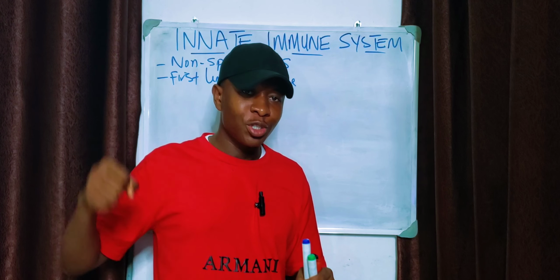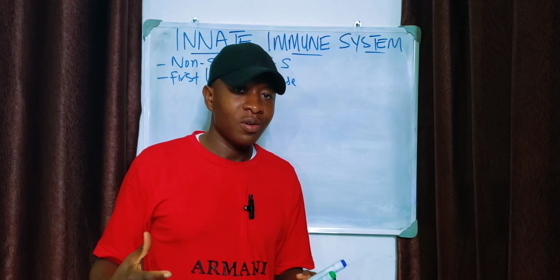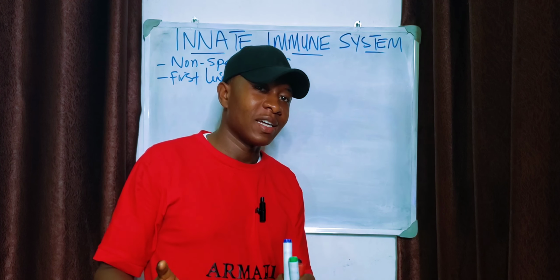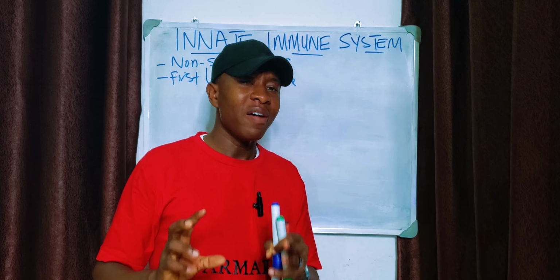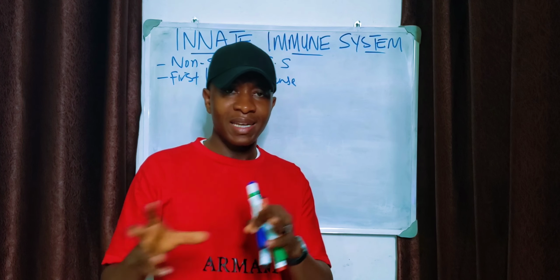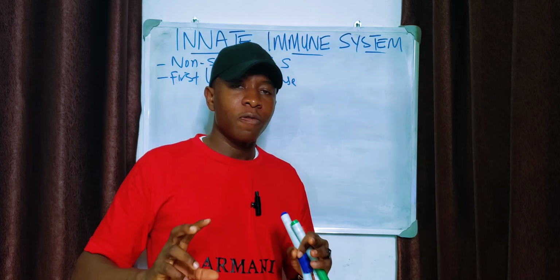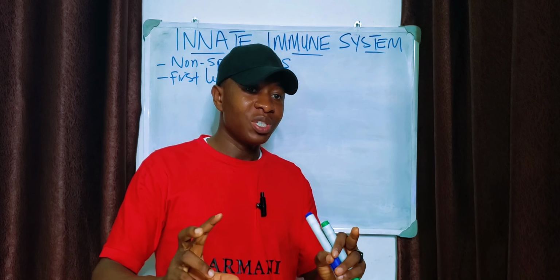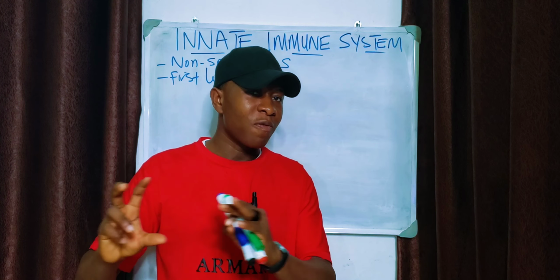Whenever the door is shut, whether you are a good person or a bad person, you cannot enter. So it doesn't have the ability to differentiate, and it doesn't have the ability to fight against these pathogens in certain types of ways.